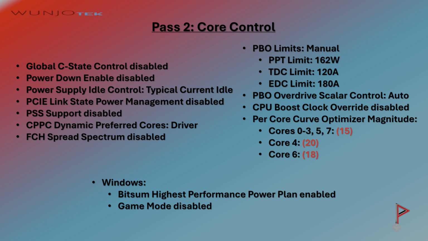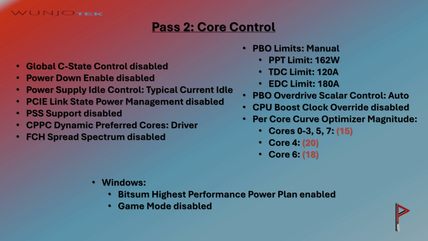My thinking was that setting it to driver dovetails nicely with my curve optimizer tuning, since I've already identified my two best cores with Ryzen Master and given them additional boost. Other options for this setting include frequency, which simply picks the cores with the highest advertised boost potential and tries to use them as much as possible.